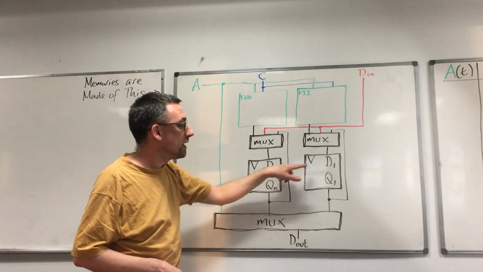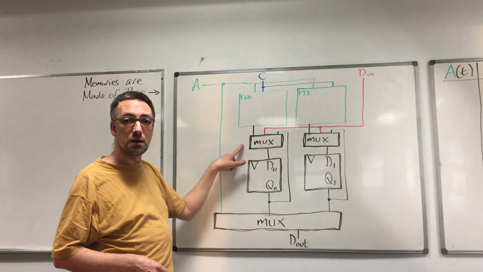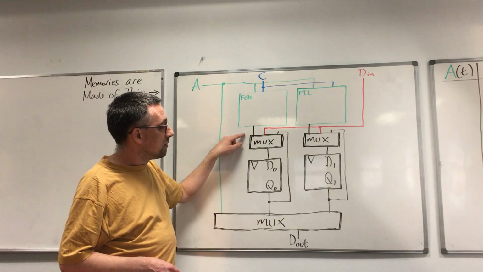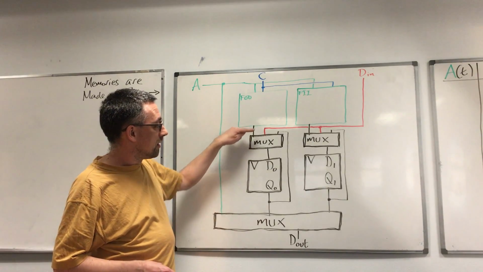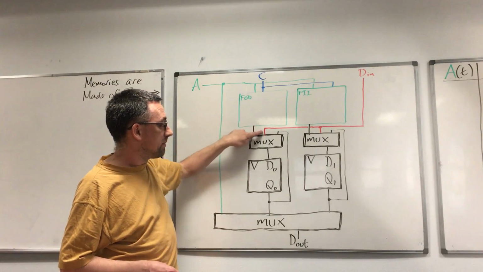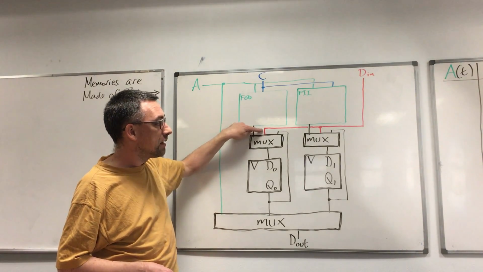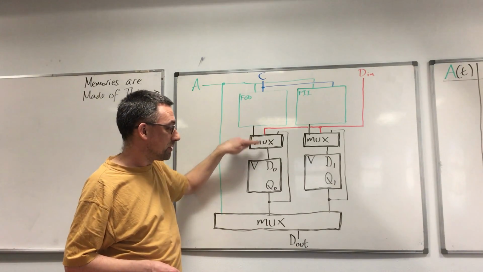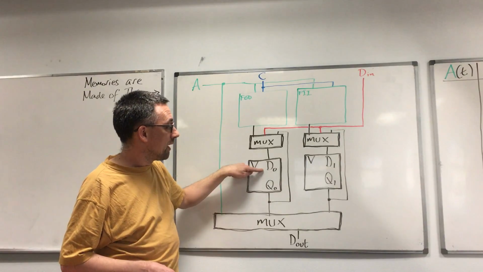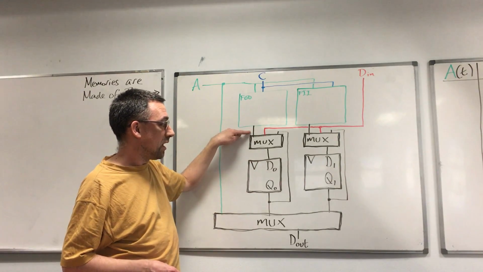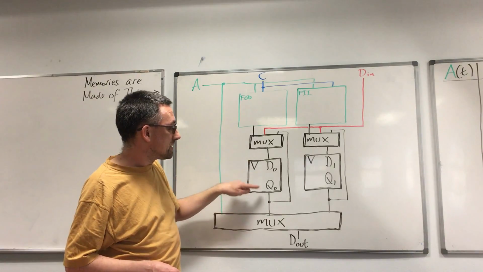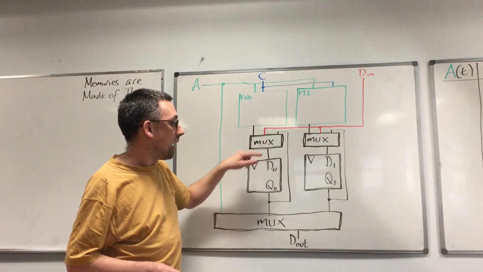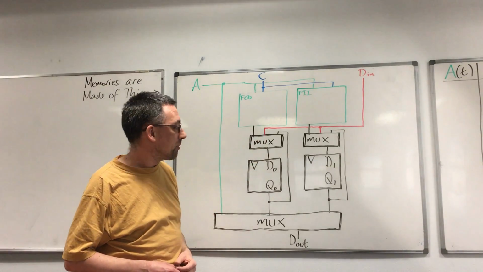Now we can see the 2 flip-flops are each controlled by a mux, and the mux is selecting between 2 possibilities. The one possibility, if the mux gets a 0 signal, is that we will send the data input through to the flip-flop. And the other possibility, if the mux gets a 1 on its control line, is that we will send the old value of the memory cell back to the flip-flop.